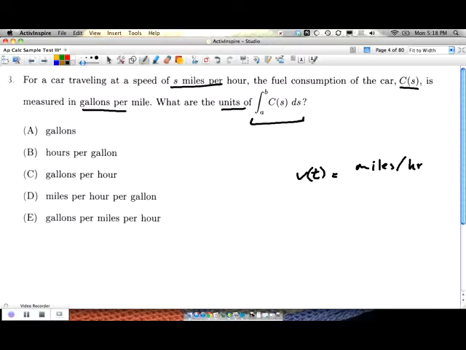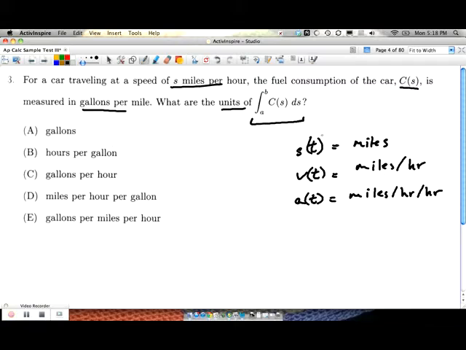If we're doing acceleration, that would be miles per hour per hour. And if we do position, if we take the integral of velocity, we're going to actually get just miles. It's a measurement of distance. So we either divide by an hour if we're taking the derivative, or we multiply by an hour to be moving up.